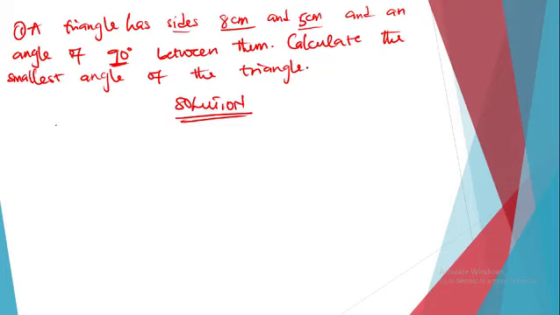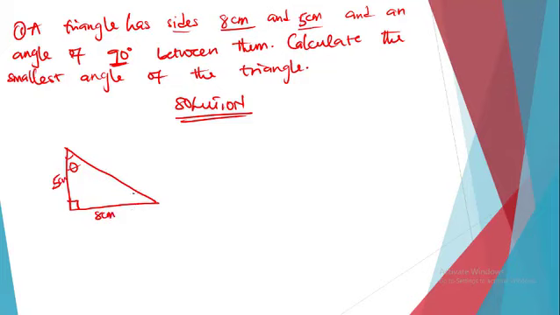The first thing we need to do is to draw this triangle. We have this right angle triangle where this is our angle 90, and this is our given theta. This side is 5 cm, and this side is 8 cm.